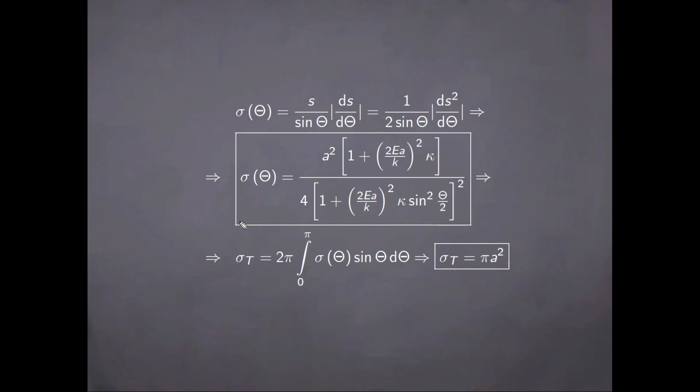And then in order to calculate the total cross section, we simply integrate the differential result from 0 to pi in order to obtain finally the result here. So in terms of the total cross section, a screened Coulomb potential effectively behaves like a spherical well of finite radius.